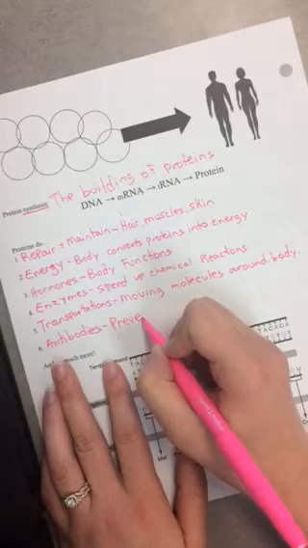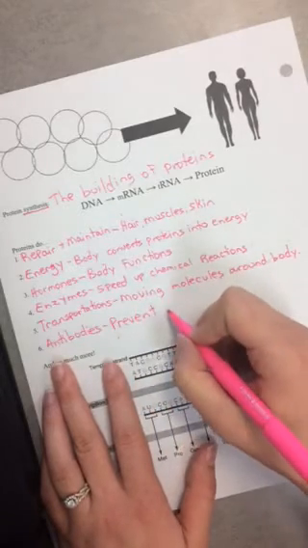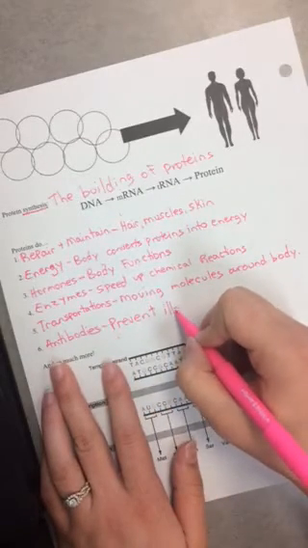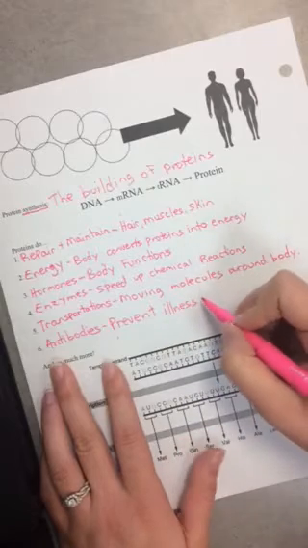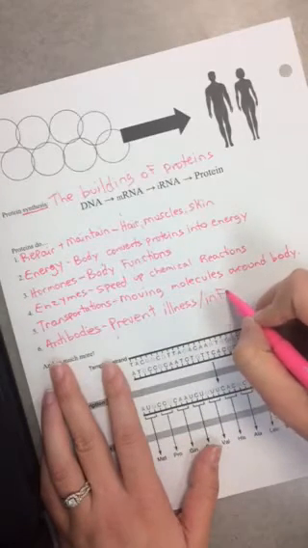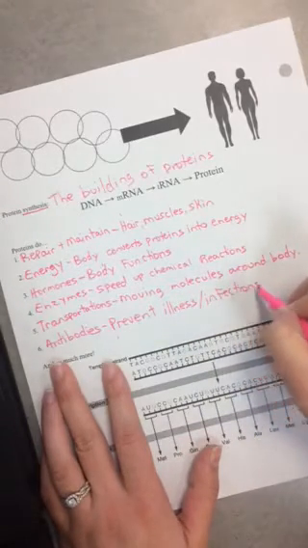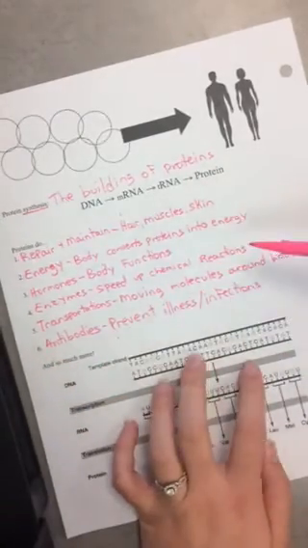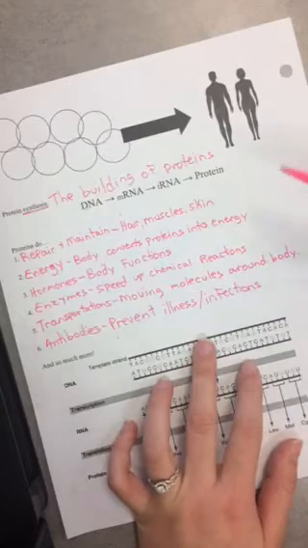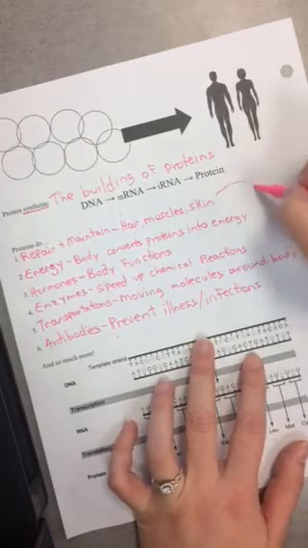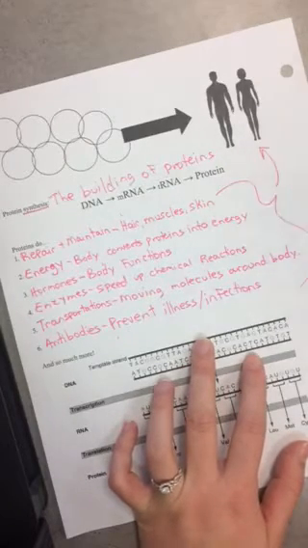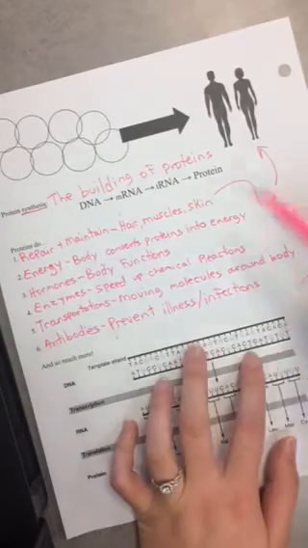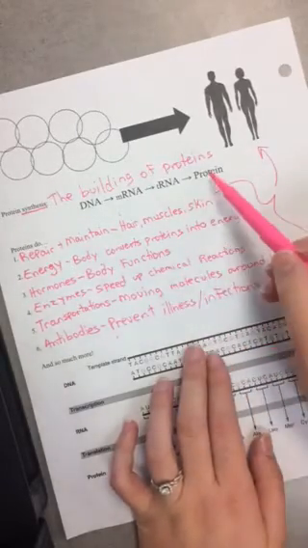So I'm going to write prevent illness and infections. We have to have proteins. They do all of these crazy things, and if you put all of these together, we have a functional human being.